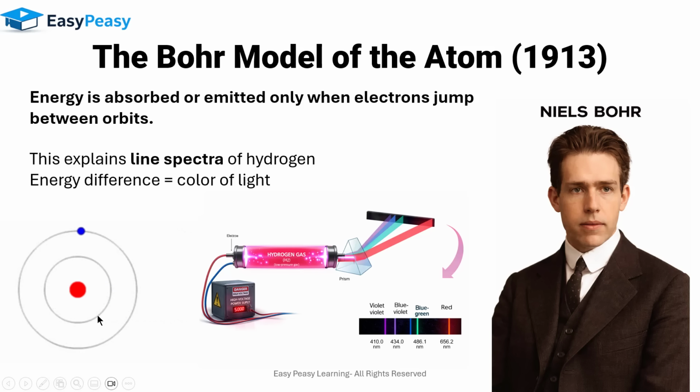So for example, this electron absorbs energy and gets excited. It can jump to the second level, third level, or fourth level, depending on what type of radiation it absorbs. And then this electron jumps back to the first level. By doing that, it will emit a specific radiation that can be shown with a specific color of light. That's why hydrogen shows the line spectrum.